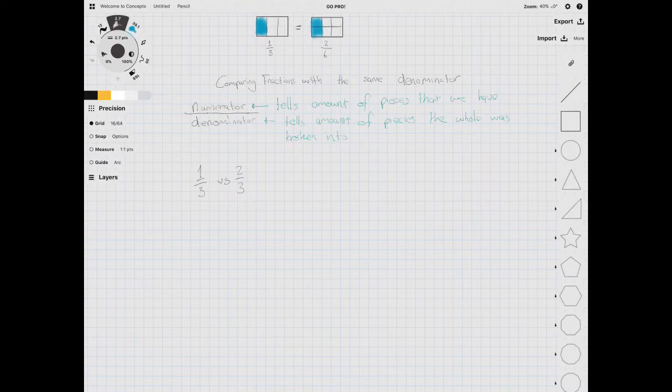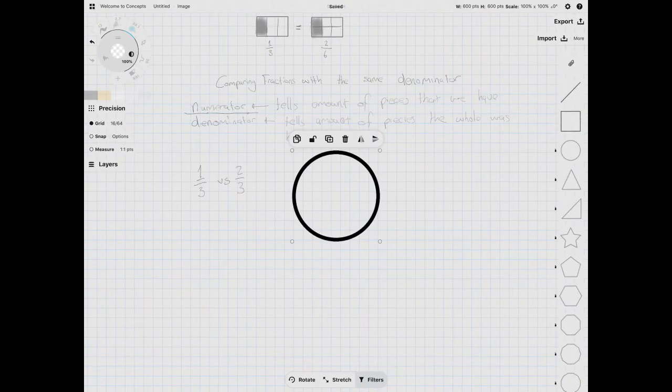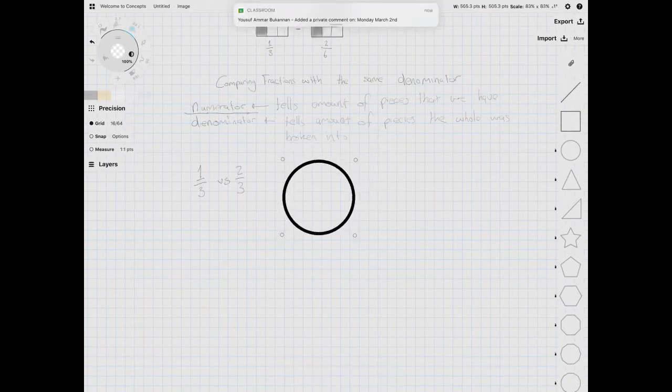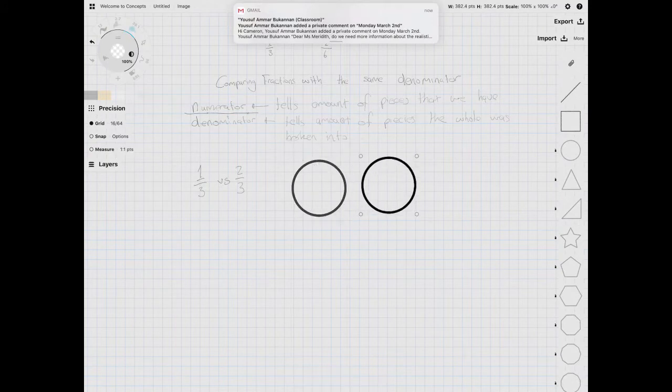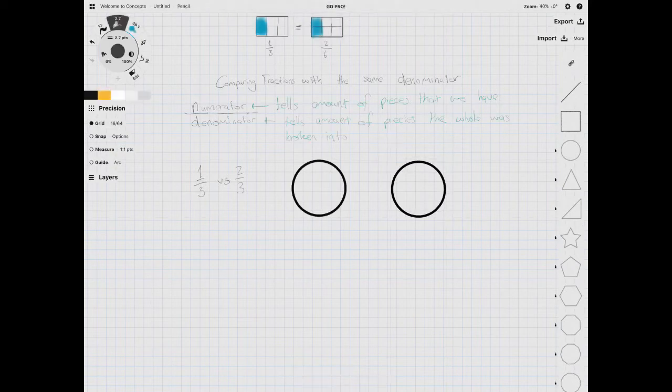Well, we could start off by showing this with a picture, right? That's one circle, and that's another circle.